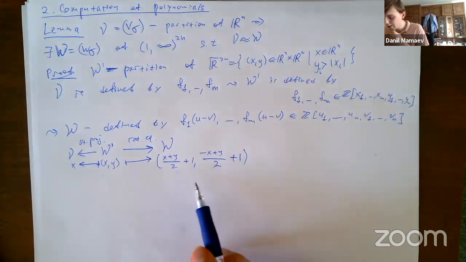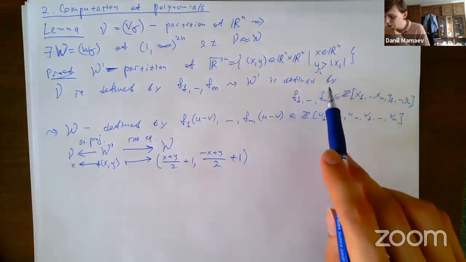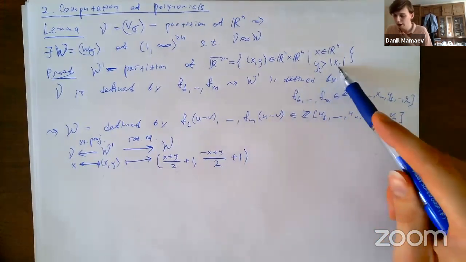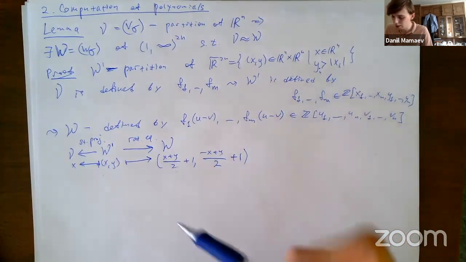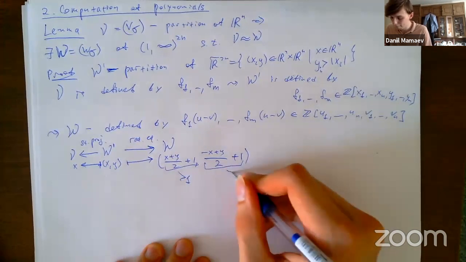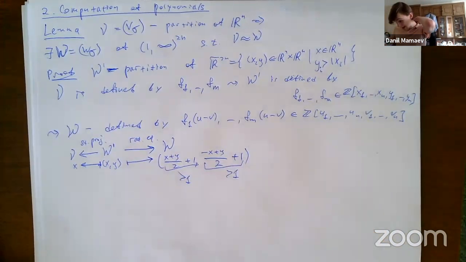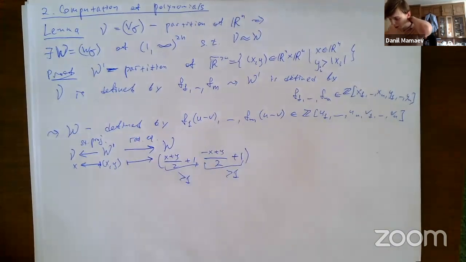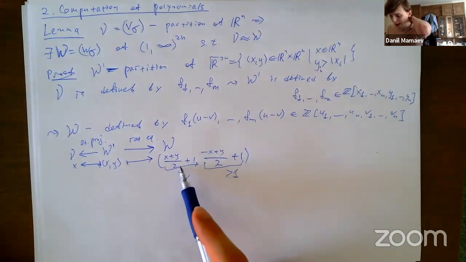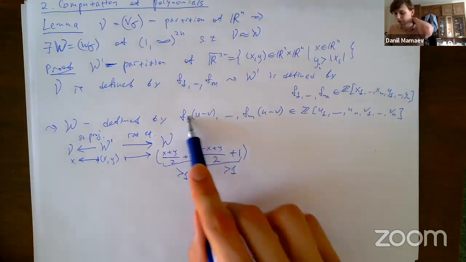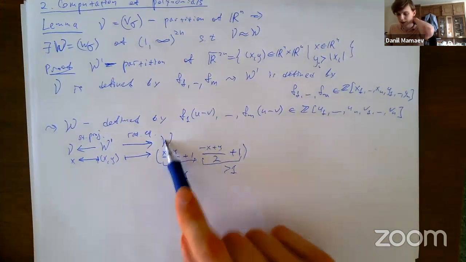Since y was greater than the absolute value of x, this thing and this thing are greater than 1. And they are exactly defined by these polynomials, because x is just this thing minus this thing. So these are exactly the polynomials that define this W.